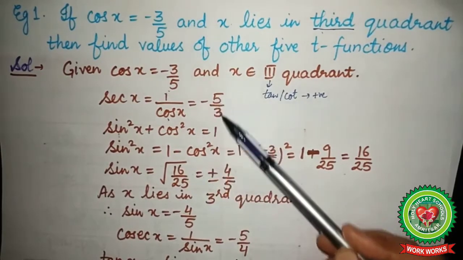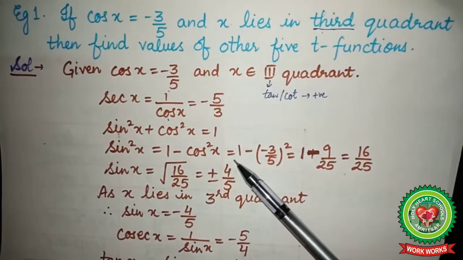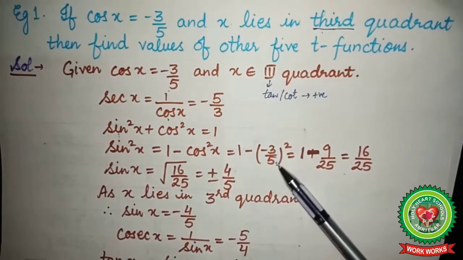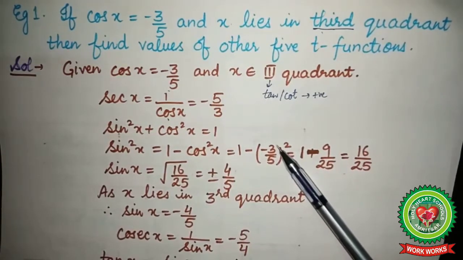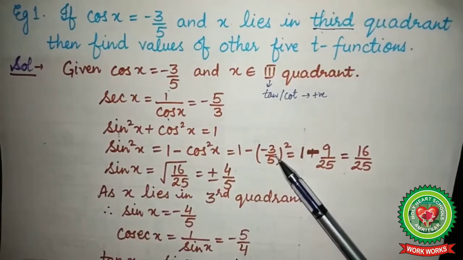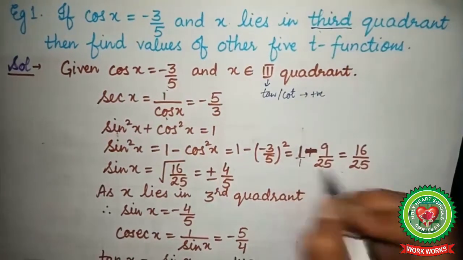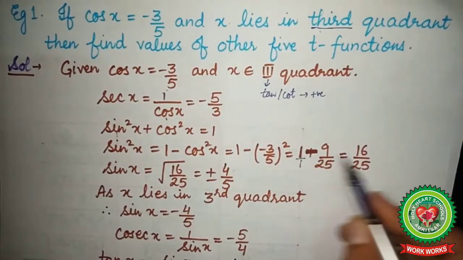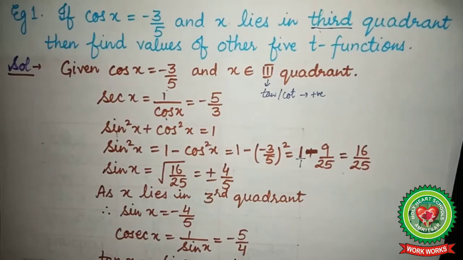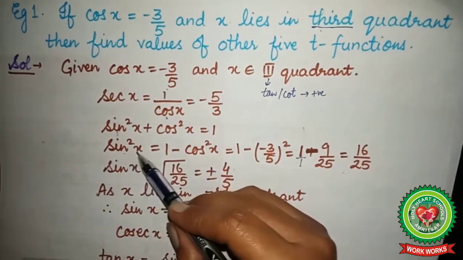Now put the value of cos x. We get 1 minus (minus 3 upon 5) whole square. So on squaring it will become positive. So 1 minus 9 upon 25. Here when you solve by taking LCM you will get 16 upon 25. It is the value of sin square x.